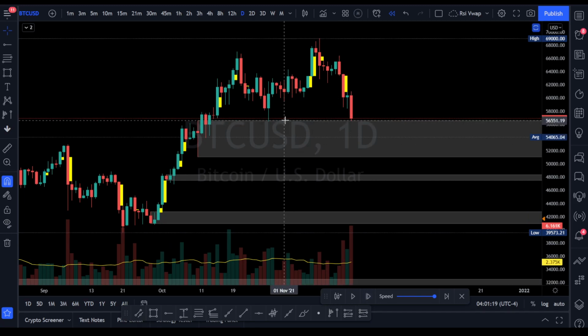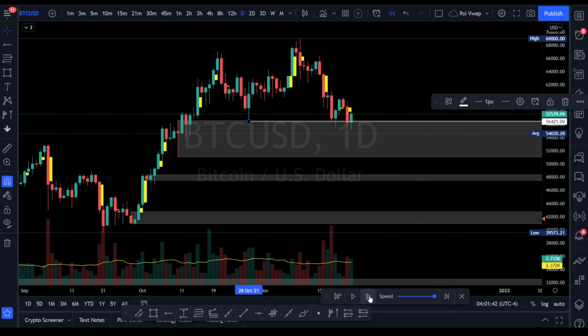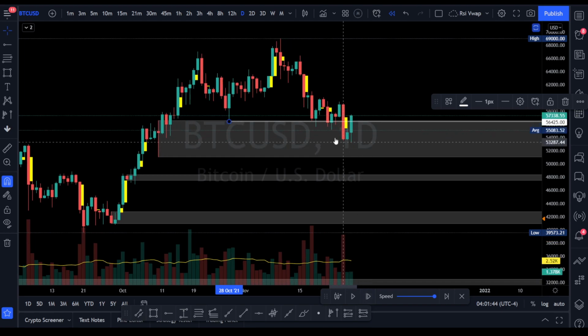Okay, we've come down and we created a double bottom. Now, a lot of times what happens on double bottoms is you're building liquidity in this level. Right? People put their stop losses here, here. You get stop losses here and here. So the probabilities that this level will hold is really not too good. We bounce and we start building into it.